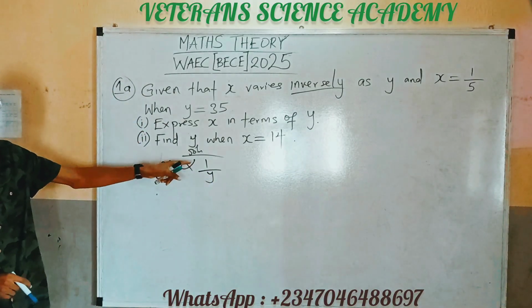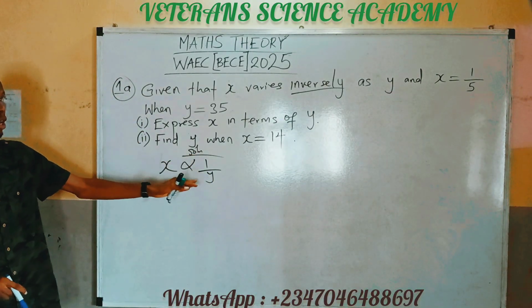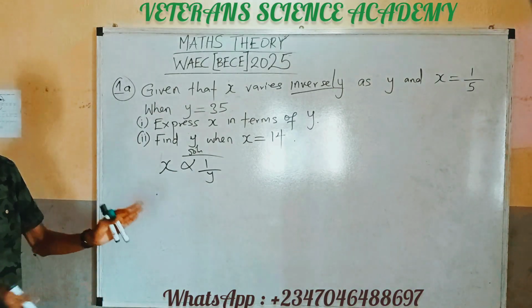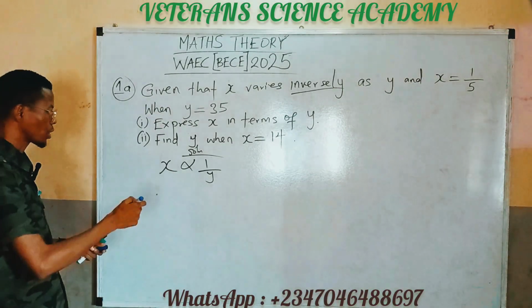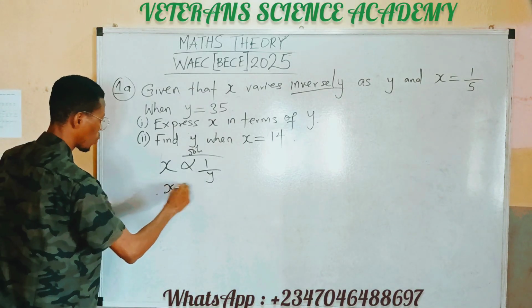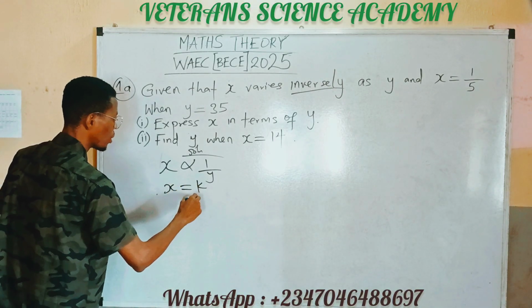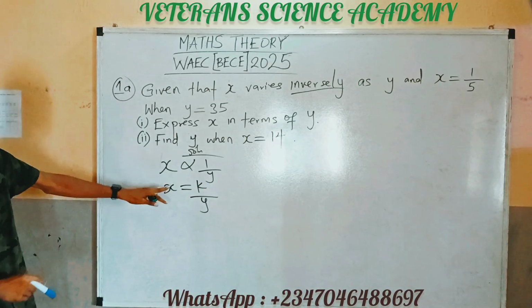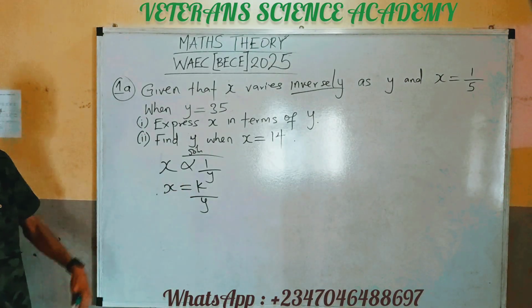So inversely is the same thing as the reciprocal of y. Then we introduce our constant, so we have x equal to k over y, where k is our constant.